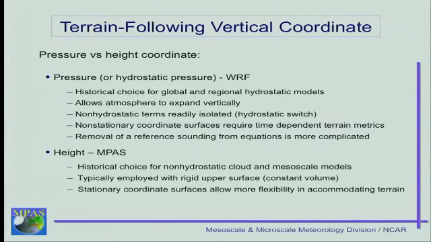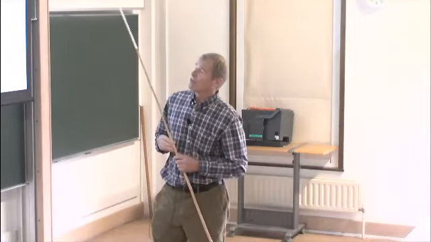And one nice thing is that since the height-based coordinate surfaces can remain fixed over time, we have a lot more flexibility in how we define those surfaces, because once we define them, they stay fixed, and we don't have to mess with them while the model's running. So we've made the decision to go with a height-based coordinate for MPAS.